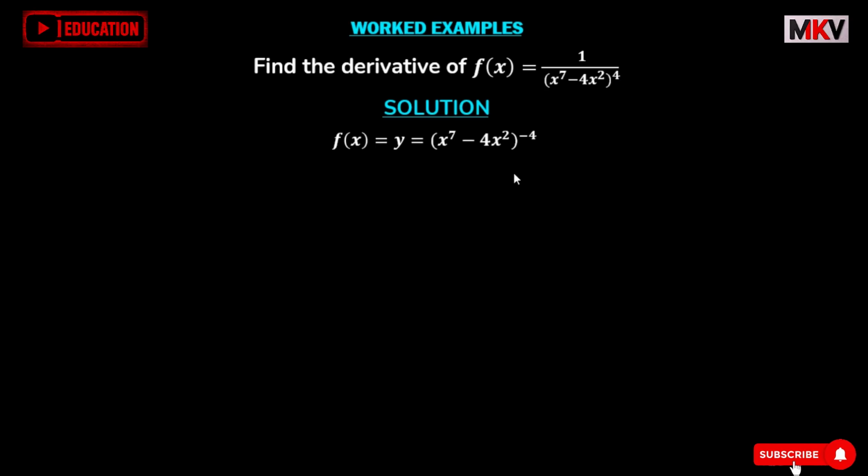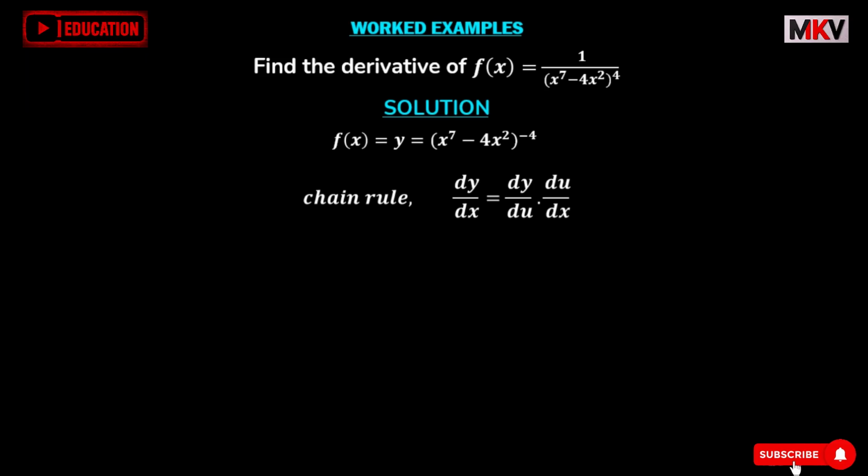So we're leaving our function to be y equals x to the power 7 minus 4x squared, all to the power minus 4. So now this is our function. We state our chain rule equation, dy/dx equals dy/du times du/dx. So we are supposed to replace the terms in the bracket with u.